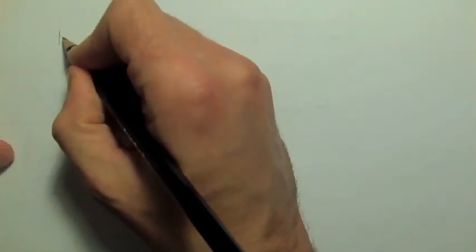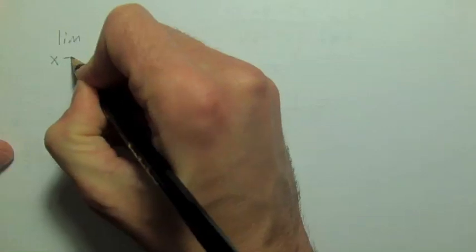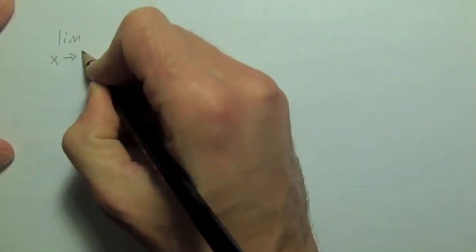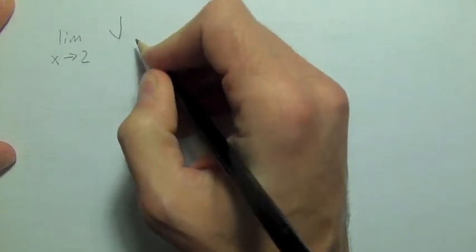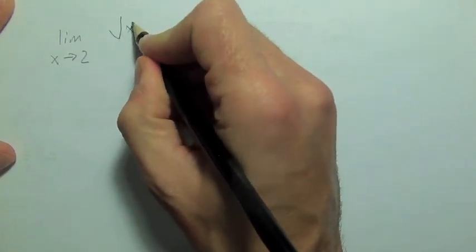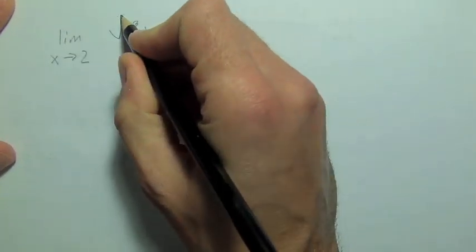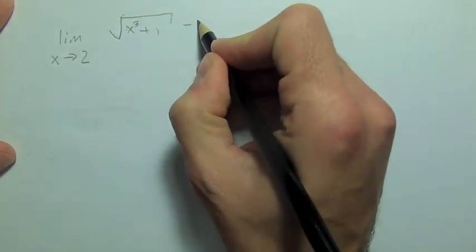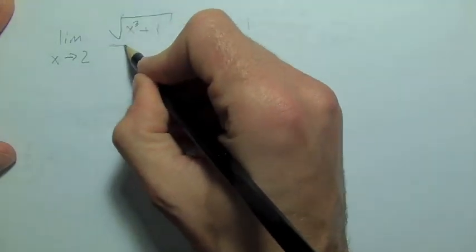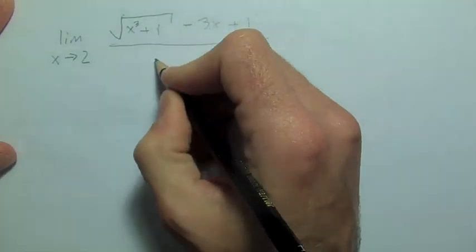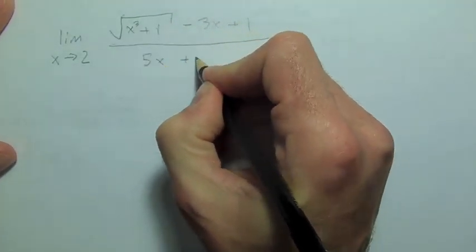Let's say the limit as x goes to 2. They won't all be going to 2. Let's say the square root of x cubed plus 1 minus 3x plus 1 all over 5x plus 2.